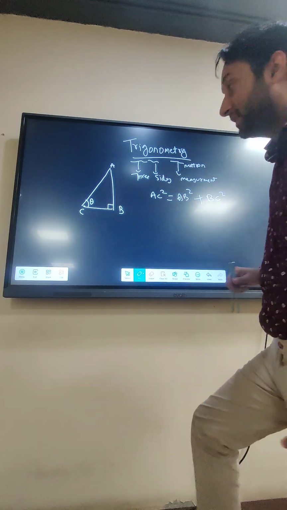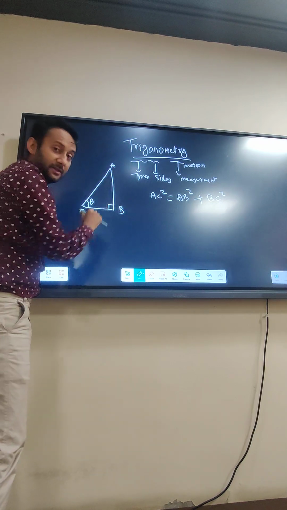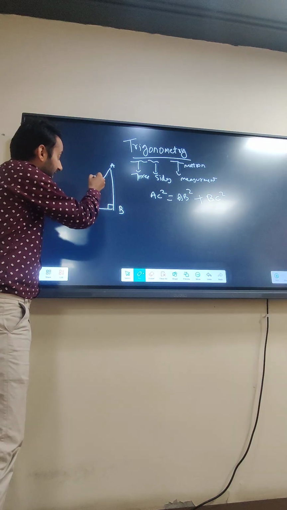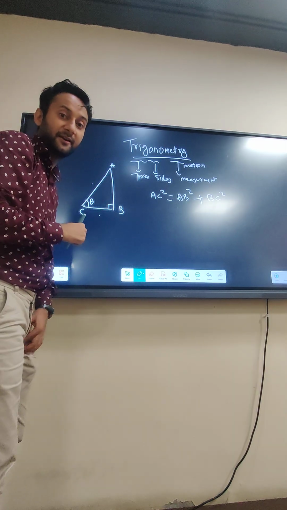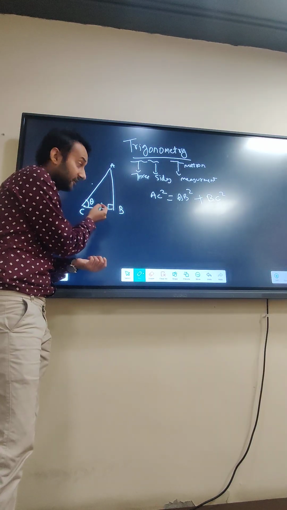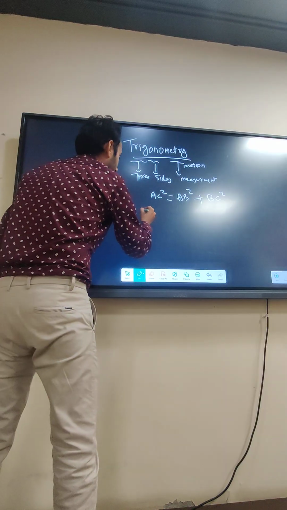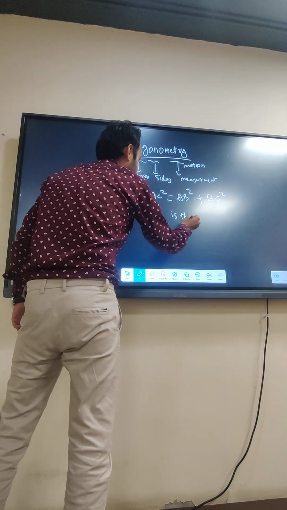But in trigonometry, what if I told you the height of the building, which is AB? You can find the height AB if you know this angle and any of the sides, AC or BC. Right? So this is trigonometry. Trigonometry is just the relationship between the angle of a triangle and the sides of a triangle.